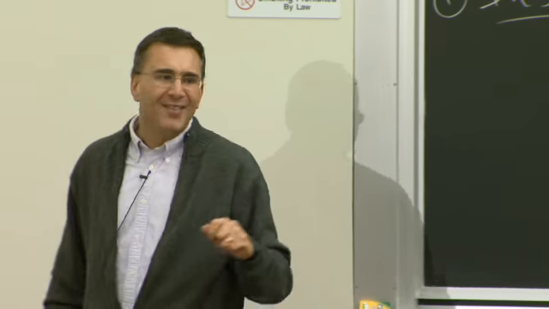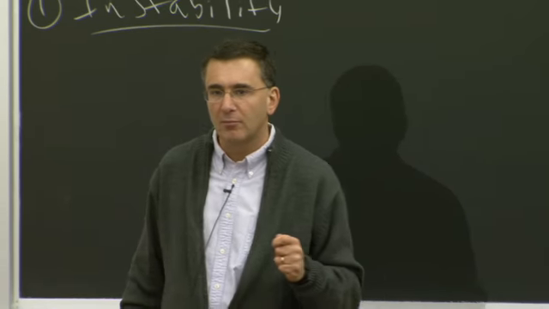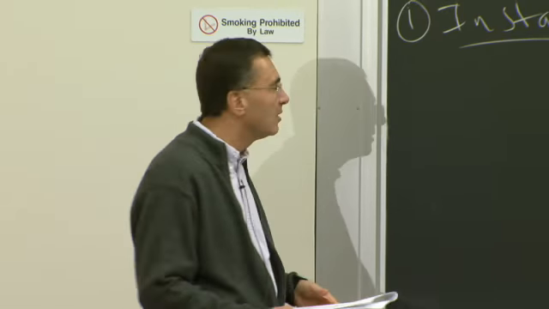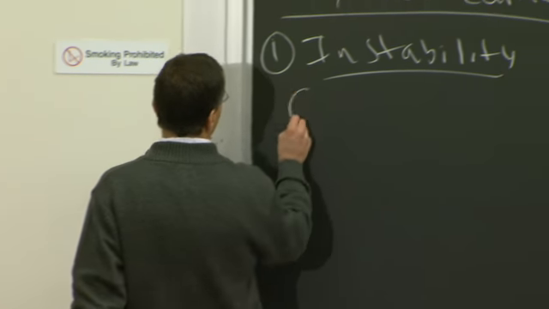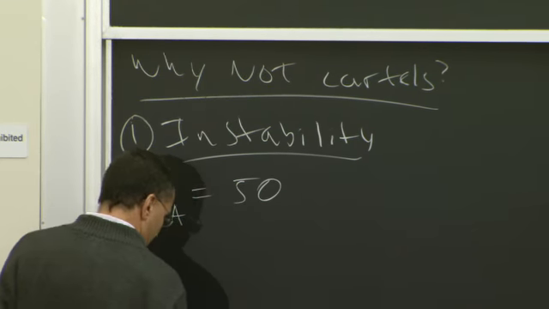Now imagine American says, wait a second, what if on the sly I increased my number of flights from 48 to 50? What if I did that in a way which wasn't immediately transparent to United? So American takes its Q sub A, which was 48, and raises it to 50.